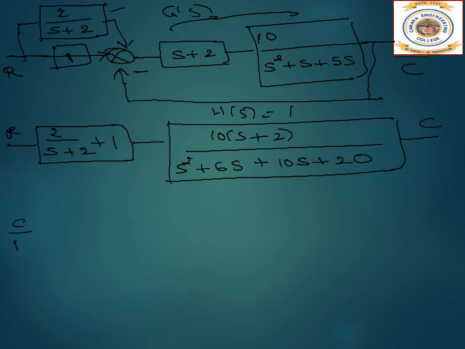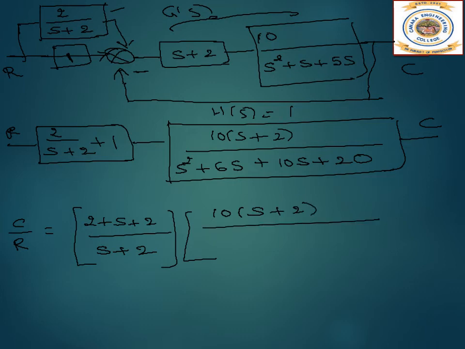So C by R will be, if I take the common denominator, this will become 2 plus s plus 2, into 10 into s plus 2 divided by s square plus 16s plus 20.